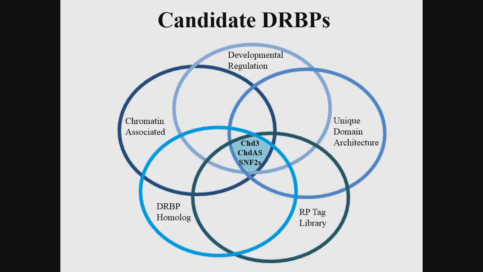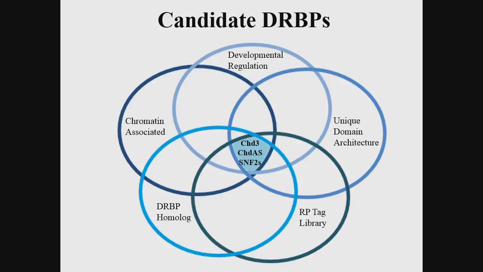As I mentioned, CHDs are good candidate DNA and RNA binding proteins for a number of reasons. They are chromatin associated, and as you've heard from Joshua Smith, they are also involved in DNA damage as well as many other diverse roles. They are highly expressed in Tetrahymena during conjugation, but they are also expressed during vegetative growth and minimally during starvation.